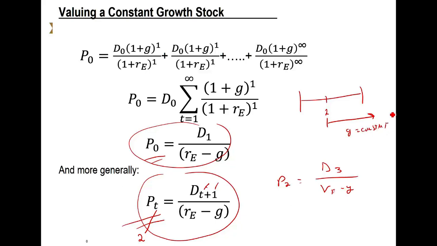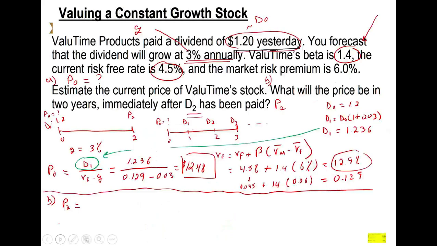So I can apply the constant growth model to get my answer. That's what we're going to do. What do I need? I need D sub 3 and I need RE minus G. The denominator we already know. So the point is just to get D sub 3.